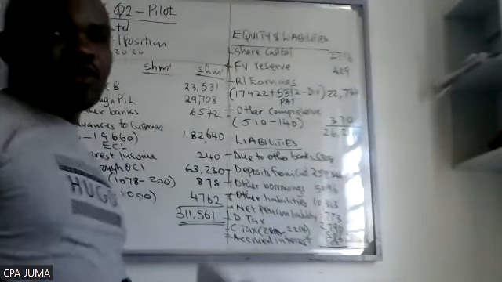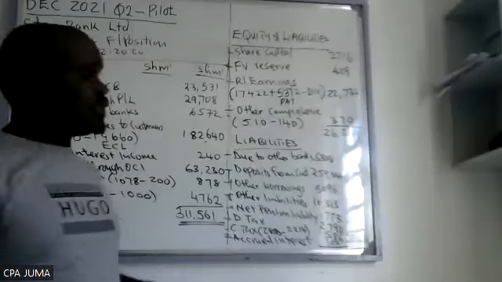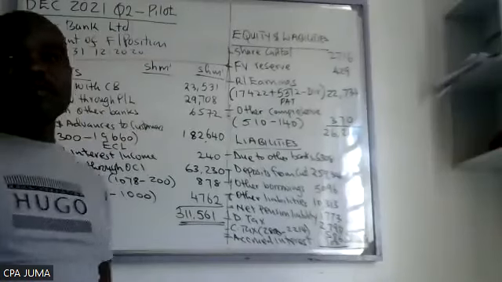Brian says yes and confirmed. So that is okay. So balancing means 311, 561.